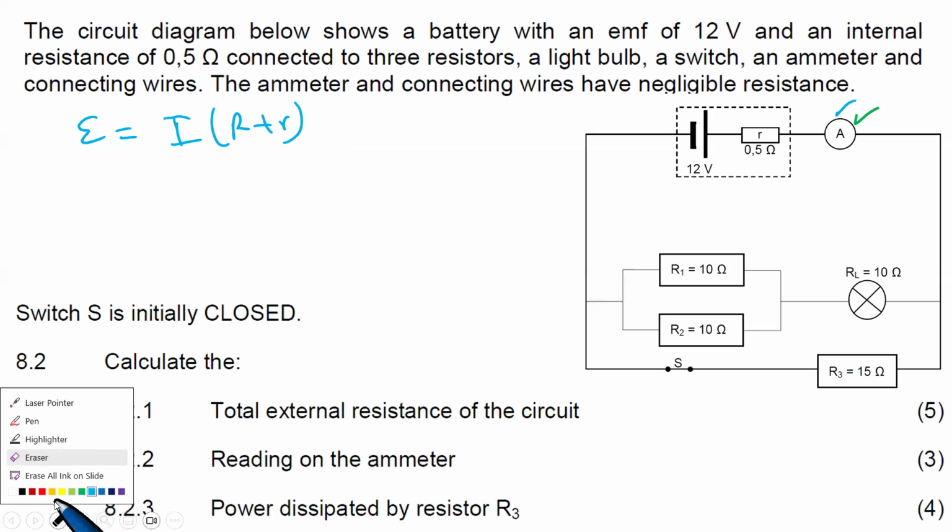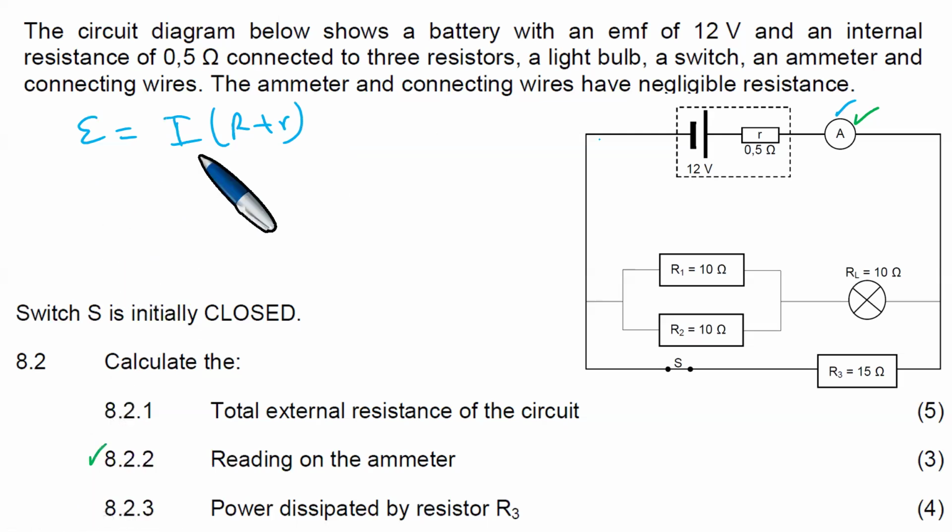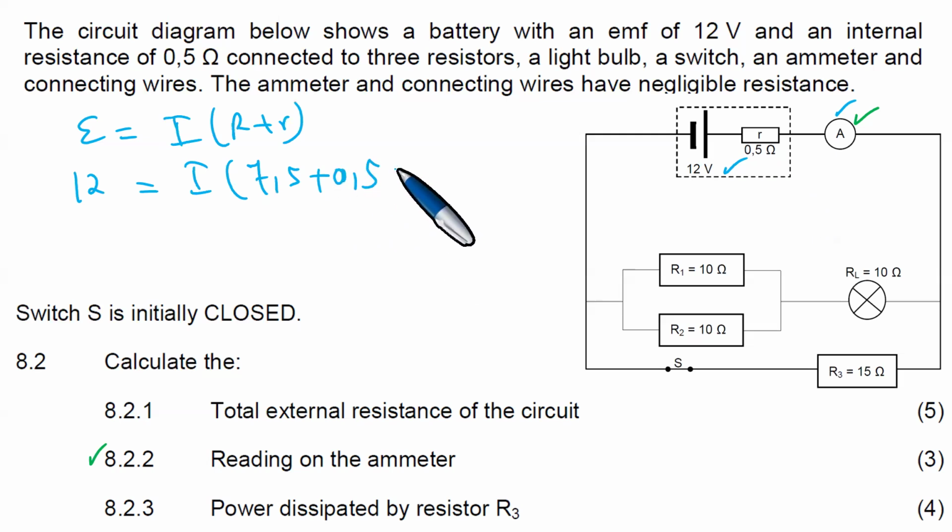The battery has an EMF of 12 volts, so you're going to put 12. We have the current we want. The resistance, we got 7.5 plus the internal resistance 0.5 ohms.